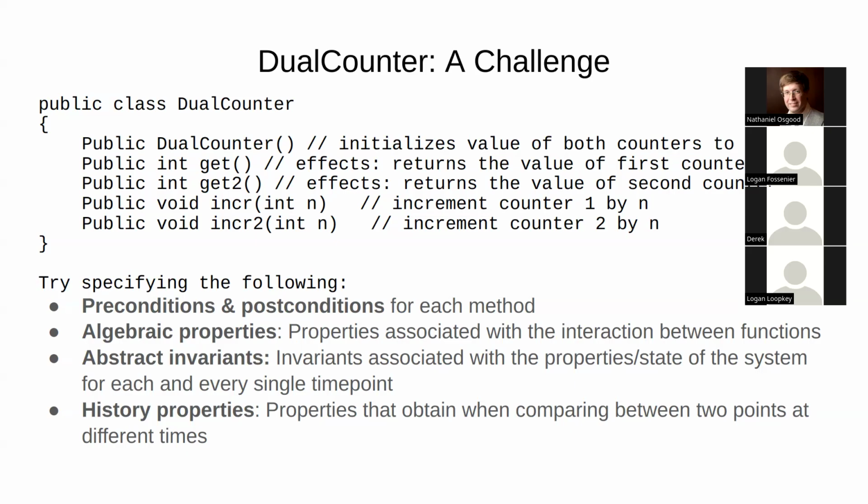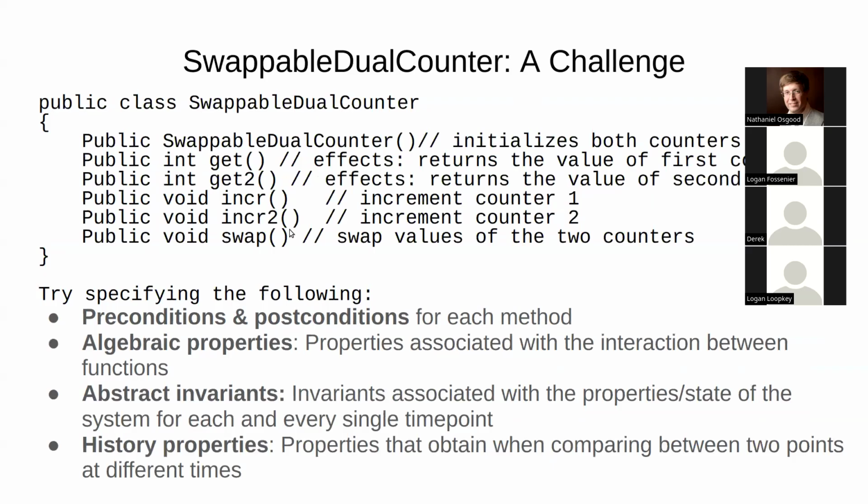Same thing for history properties, we can't count on either counter being greater than or equal to 0, right? Good. Does it change any preconditions except that for increment and increment 2? No, it's the same preconditions. Okay.